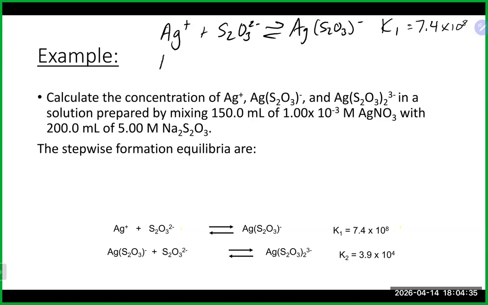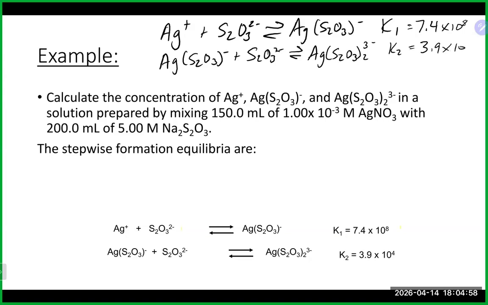And then we've got this plus this guy here, and K2 is 3.9 times 10 to the 4.